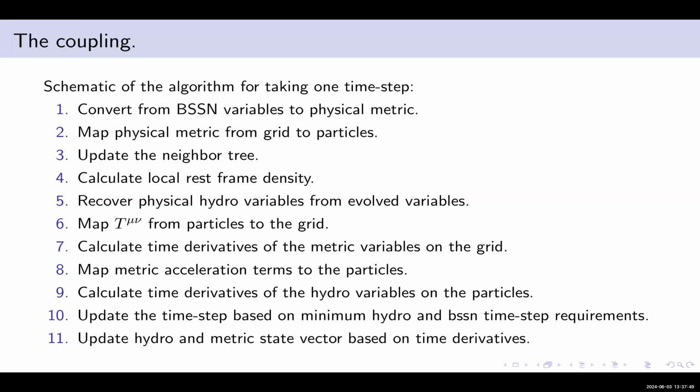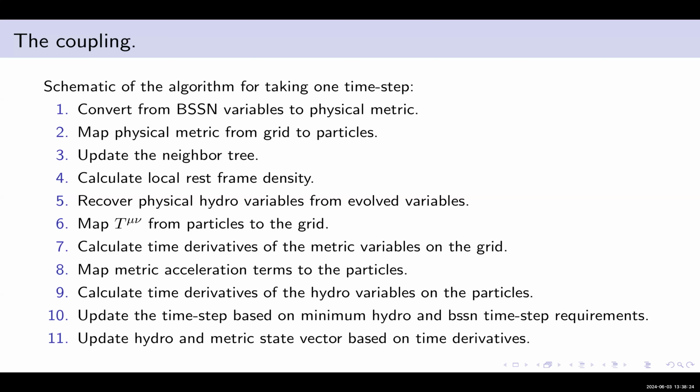Then we have to update the neighbor tree that is used to figure out which neighbors to include in your sums to get the smooth variables. And then you can calculate the local rest frame density. Then you recover the physical hydro variables from the conserved variables. Then you can calculate T mu nu and map that from the particles to the grid.